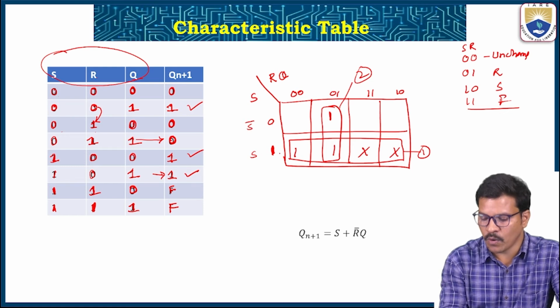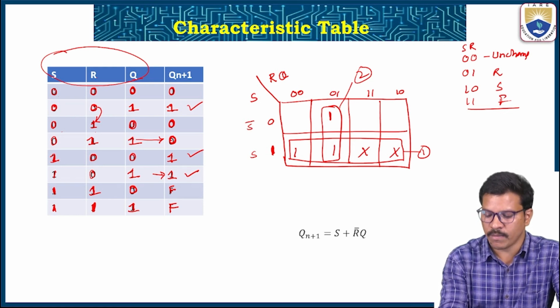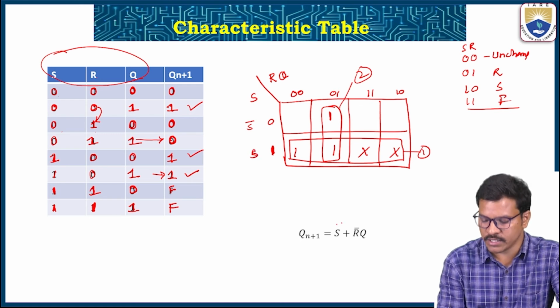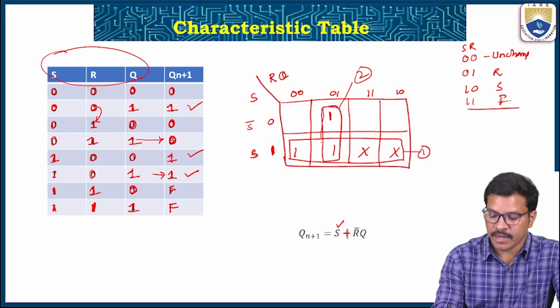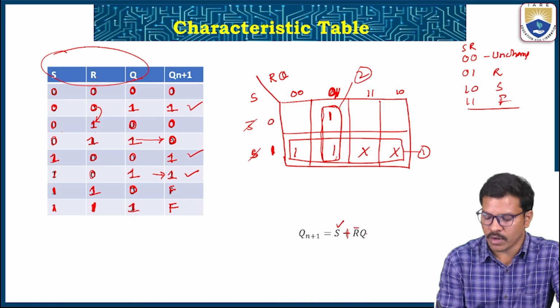So this entire row is covered, so no value is coming vertically. We can consider only S is equal to 1. This is the term S, only one term, plus this pair, which covers S and S bar cancelling each other. What will be the vertical box line? 0 and 1. That minterm is 0 and 1, meaning R bar Q.